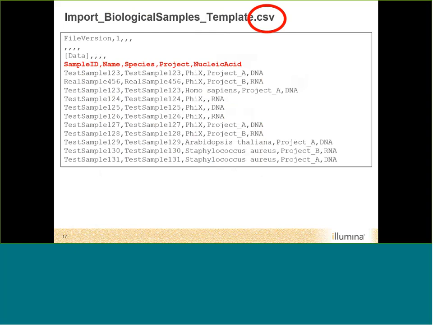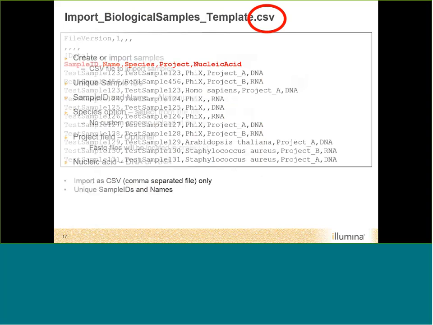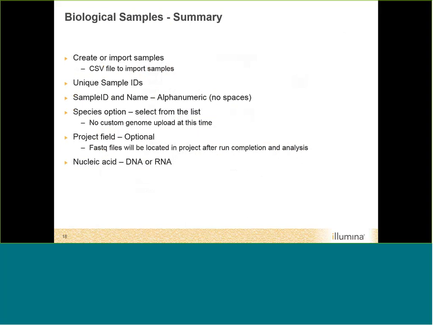It has the exact fields as you just saw before: sample ID, name, species, project, and nucleic acid. So make sure that the format is correct. If you edit this file in Excel, make sure you save it as a CSV file only. And sample IDs and sample names have to be unique.